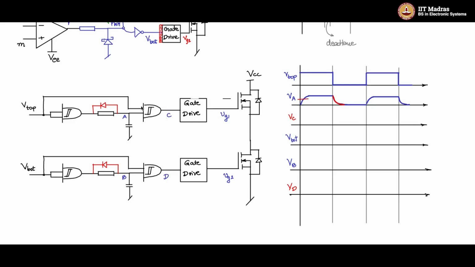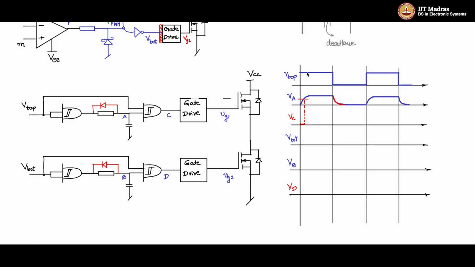Now coming to this AND gate, which has a trip point. So let's say this is the trip point. And let me draw the timeline down for VC. Up to this trip point, all these values are considered low, which means the output C is low.